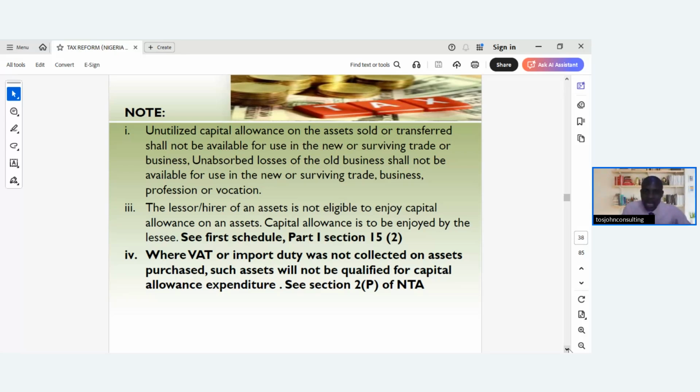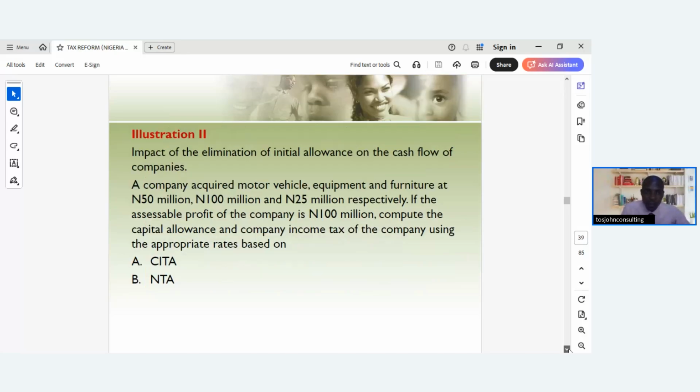Where VAT or import duty was not collected on assets purchased, such asset will not qualify for capital allowance expenditure. This can be seen in Section 2P of the NTA. So if you are buying an asset and you are meant to pay VAT on it, but you don't pay VAT on it, you will not enjoy capital allowance on it. So every tax must be paid and accounted for. That is what it means.